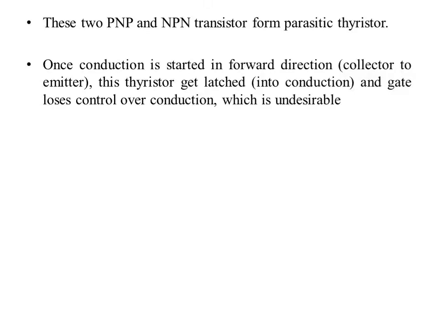Once the conduction is started in the forward direction, that is collector to emitter, the thyristor gets latched. Latching is nothing but it gets locked into a conduction mode and the gate loses control over the conduction, which is not desirable.